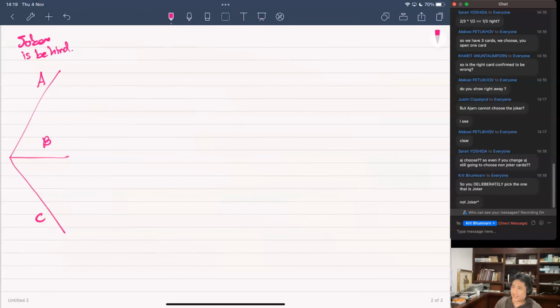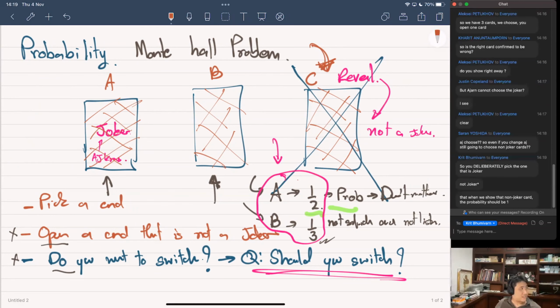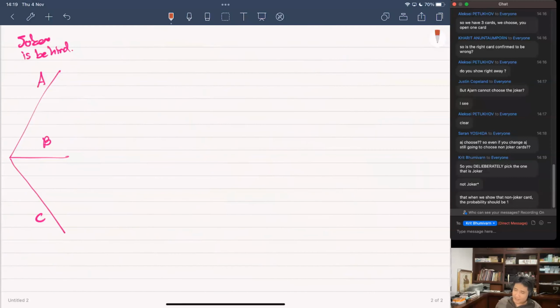Let's list out all the things that can happen. There are three choices for the joker to be behind: A, B, or C. After we hide the joker, you pick a card.